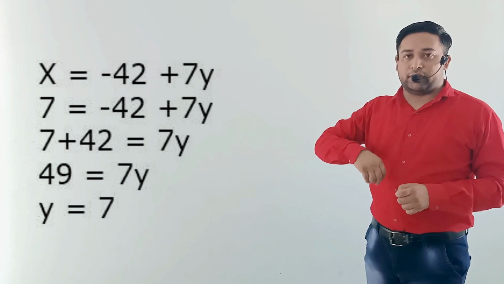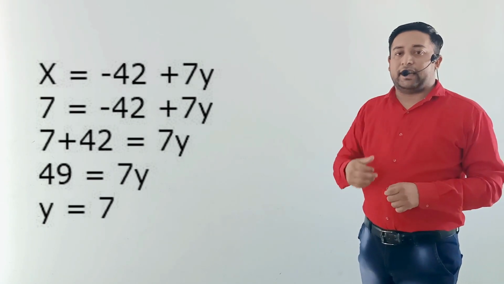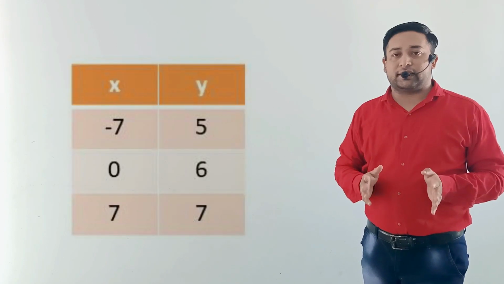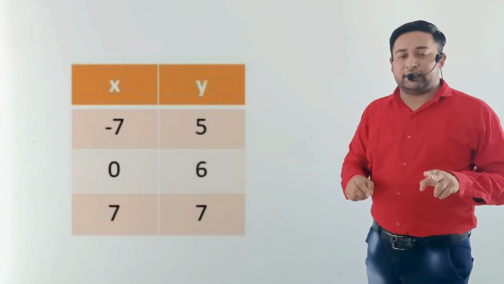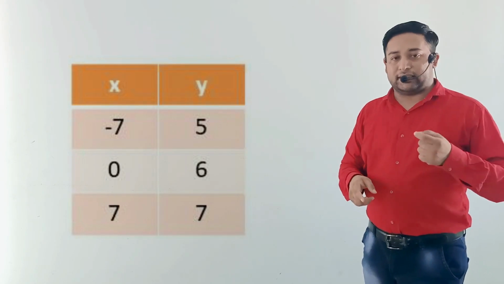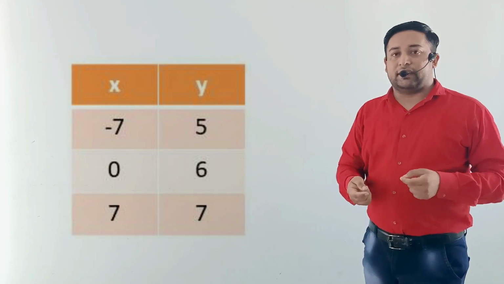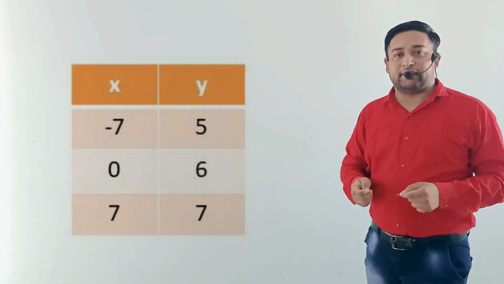So what are my coordinates now? When x is minus 7, y is 5. When x is 0, y is 6. And when x is 7, y is 7.